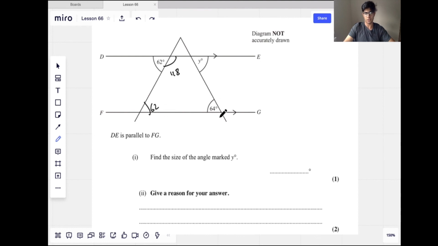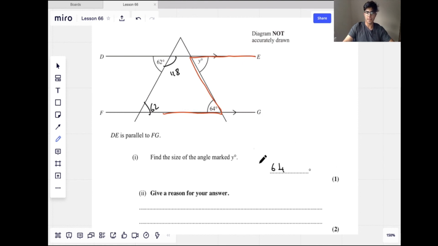So let's try using the 64. Oh, and you might spot that this is a Z. Looking at the Z, remember this is the alternate interior angle theorem, so y must equal 64. And there we go. You can almost guess from the question that this is only a 1 mark question, so it will only be one step of reasoning, or it will be easy enough to get.